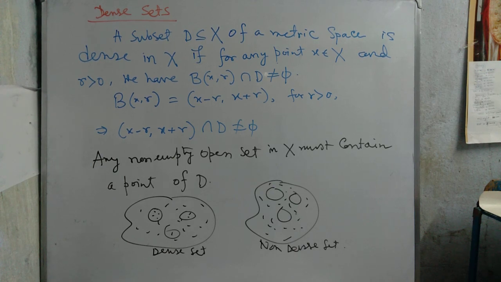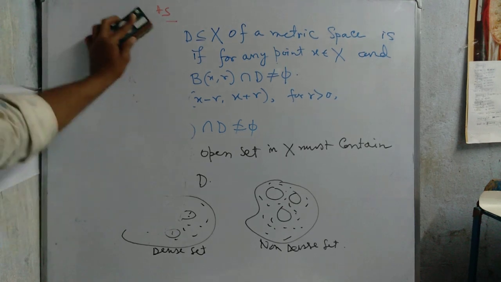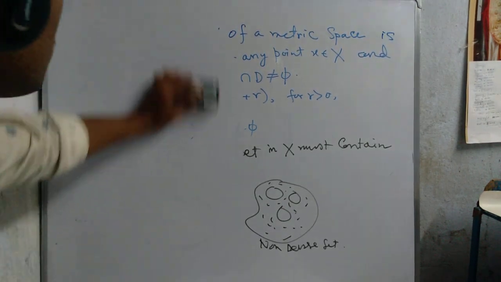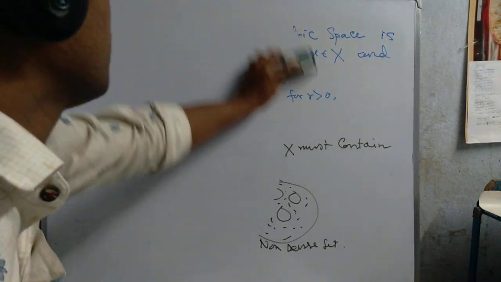Now we go to further discussion with another example of a dense set. We know the real number set and the familiar rational number set.